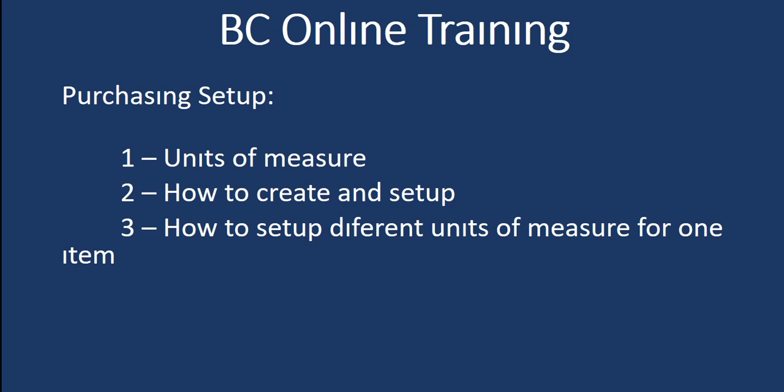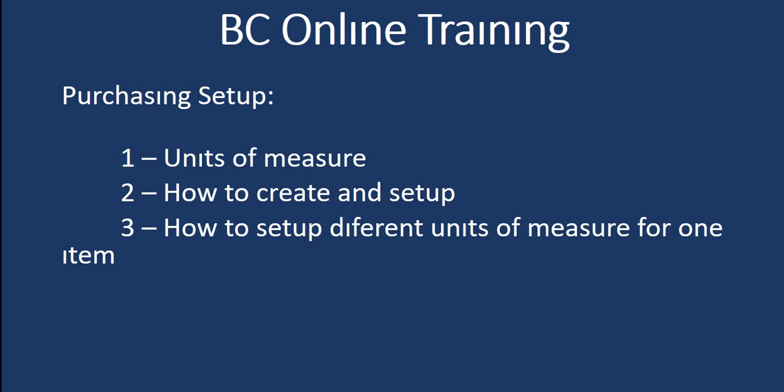Today we will talk about unit of measure, how you can create and set up this in Business Central, and how you can set up different unit of measure for one item. So let's say that you have one item that you buy in kilograms, like meat, but you want to use it in grams.